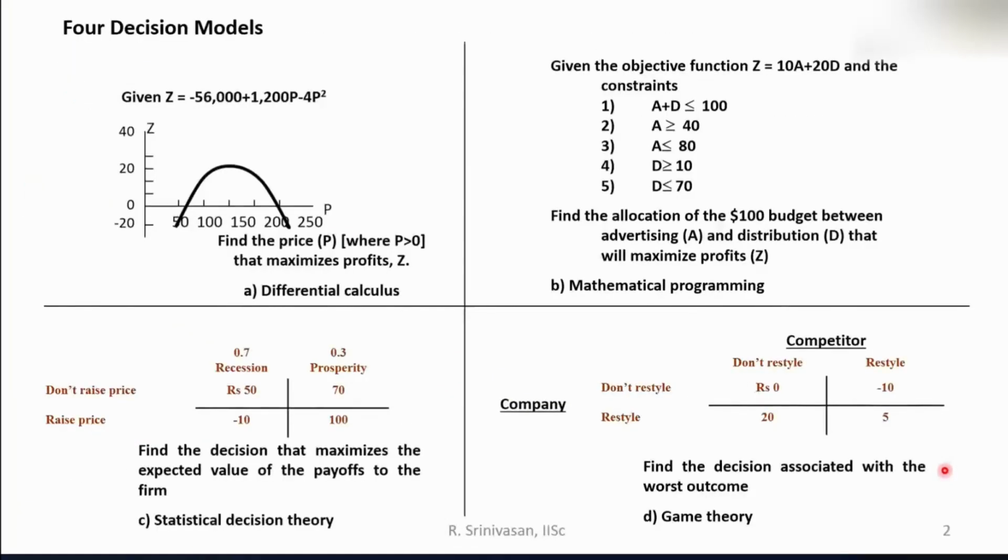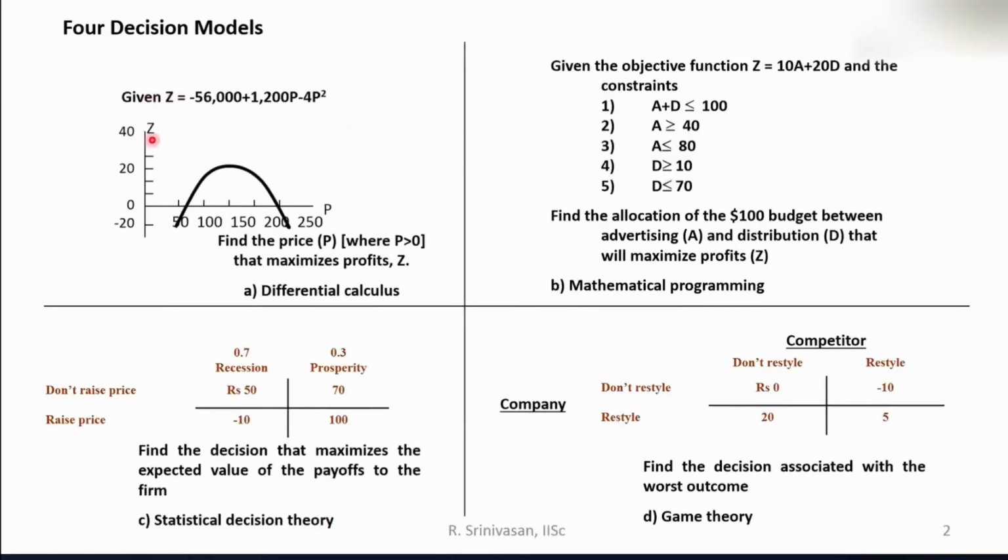What I'm going to explain to you in this class is these four: decision models making use of differential calculus, then mathematical programming, then statistical decision theory, then game theory. I will explain this taking simple examples.